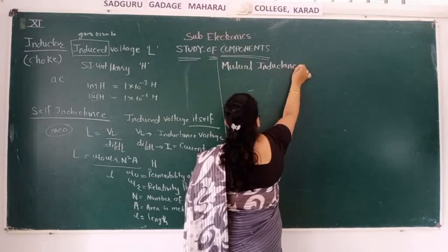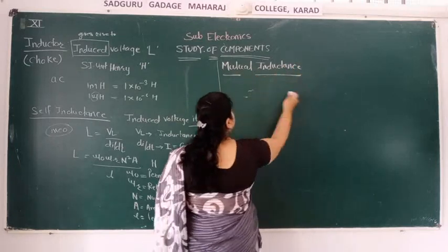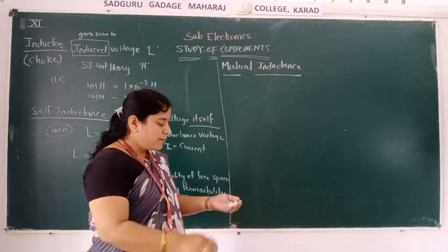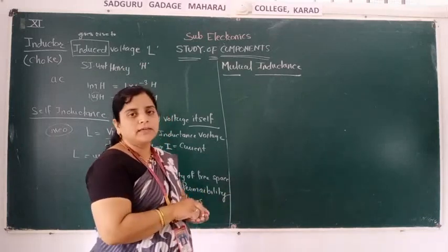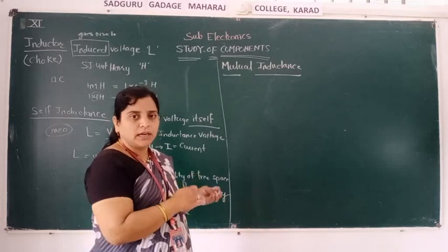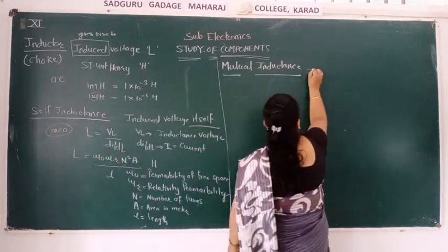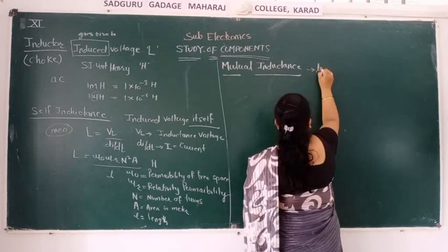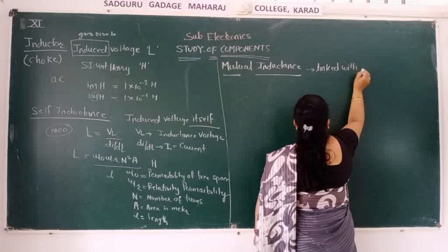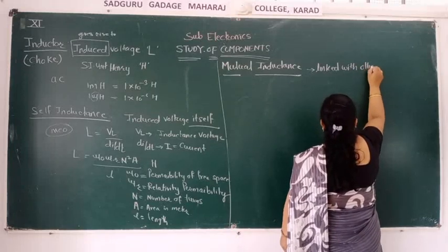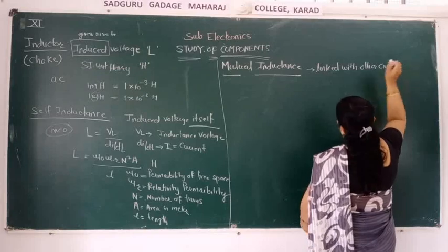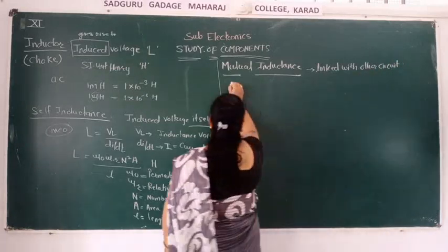In mutual inductance, the inductor does not induce voltage by itself. You have to link it with another circuit, and then the voltage will be induced.